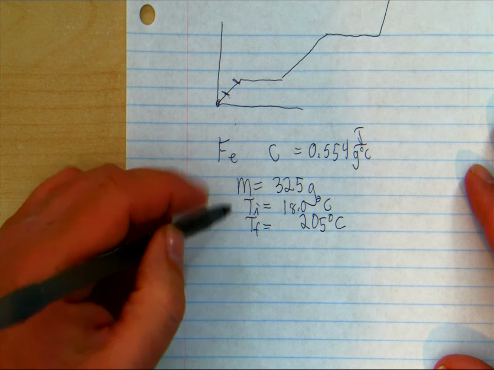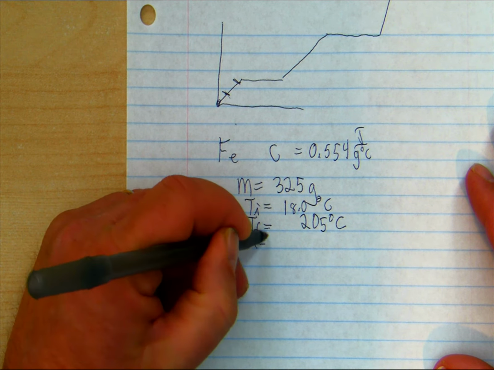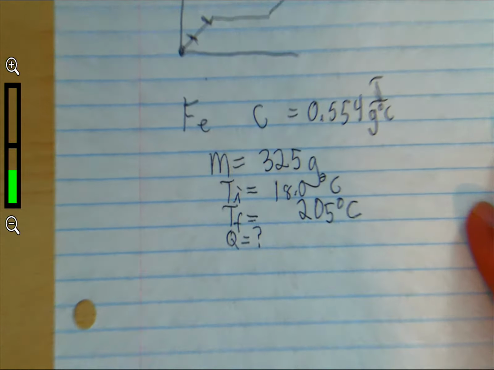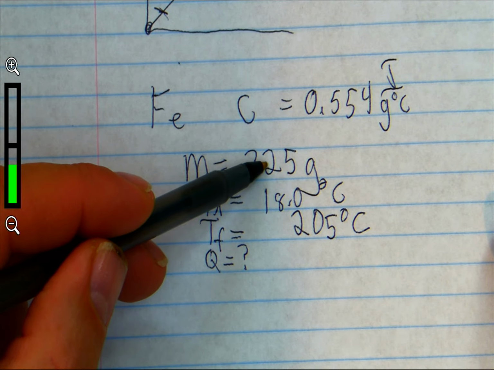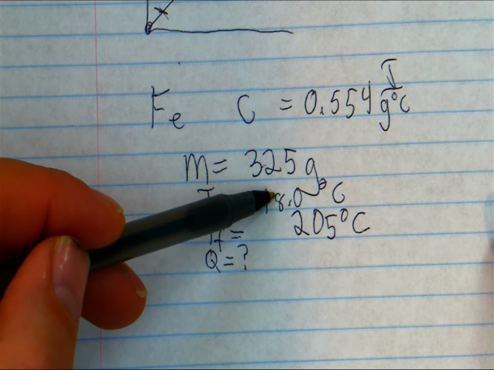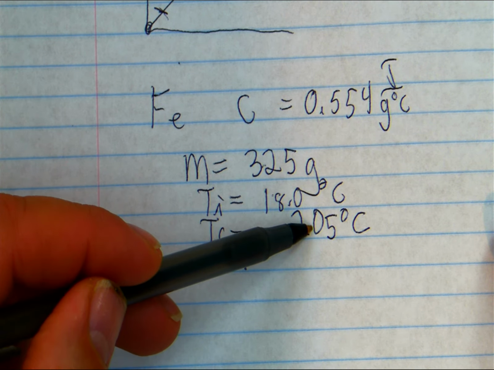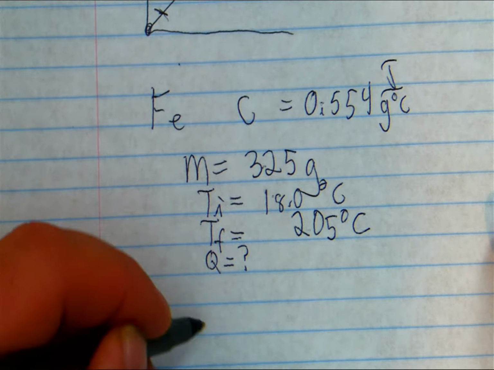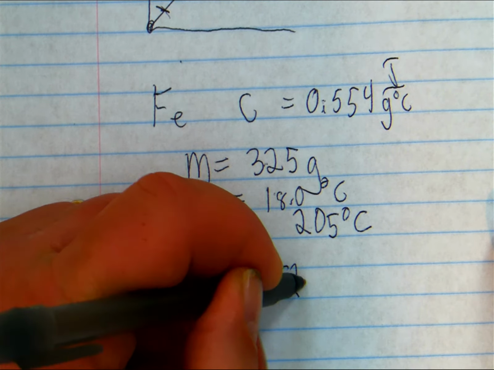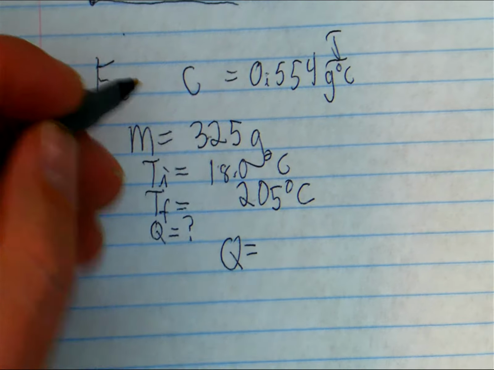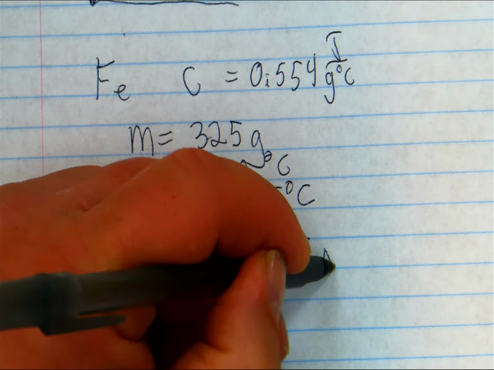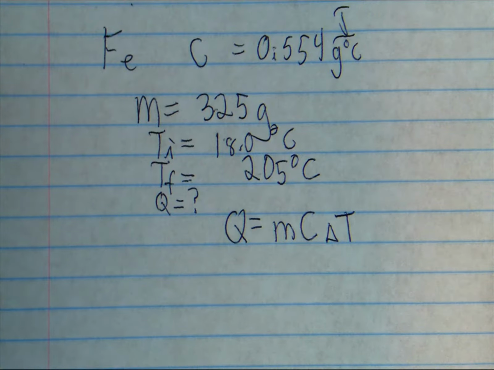And I ask you, so great, how much heat energy would it take to heat that mass of cast iron from this initial temperature to that final temperature, knowing that this is the specific heat of the substance? And you say, oh, this is a good, easy one. The heat I would need is the product of the mass times the specific heat times the change in temperature.